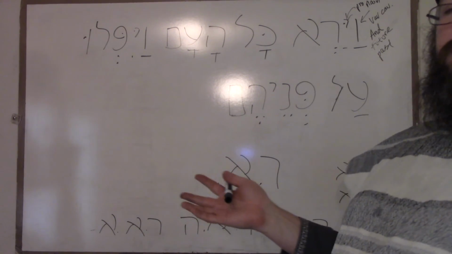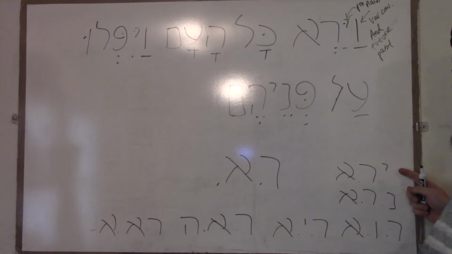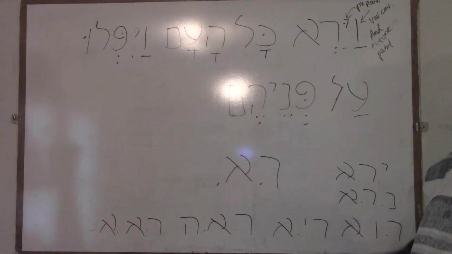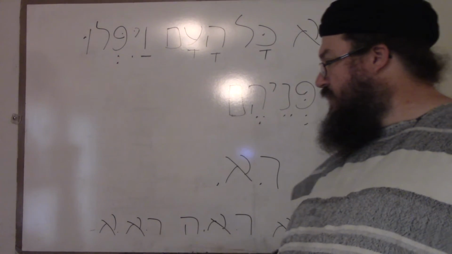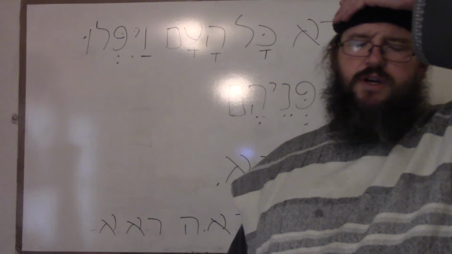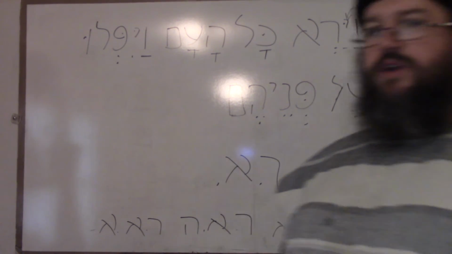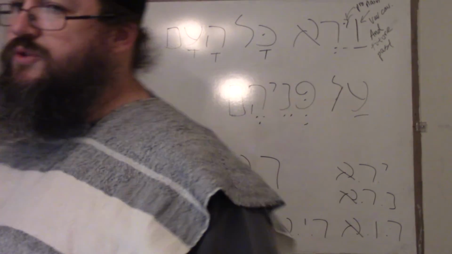Well, what's the word mean? Okay, well, here's my process of elimination. Yod Resh Aleph, Nun Resh Aleph, Resh Vav Aleph, Resh Yud Aleph, Resh Aleph Hey, or Resh Aleph Aleph. And this is where I'm going through the dictionary and I'm working out the process of elimination to see which one it is.